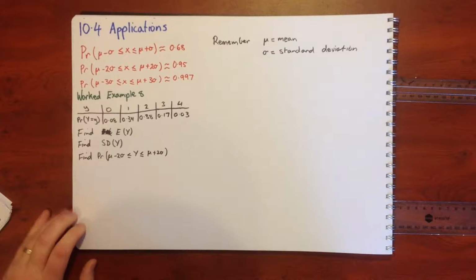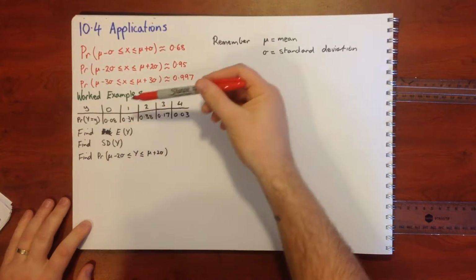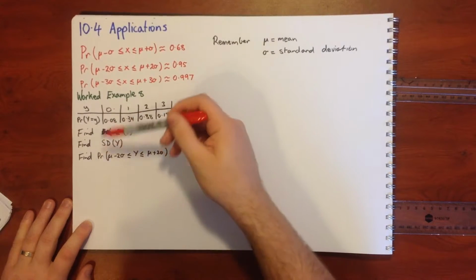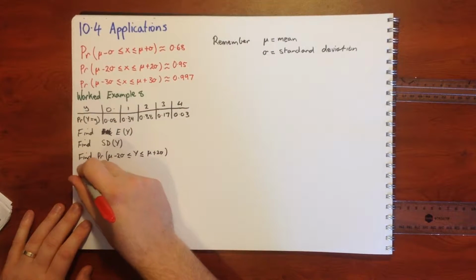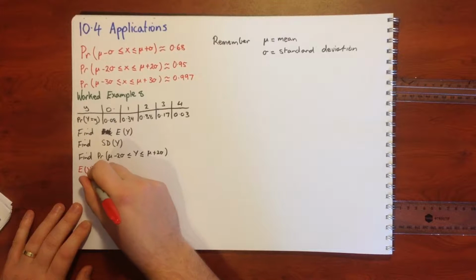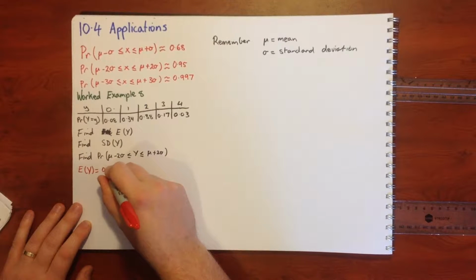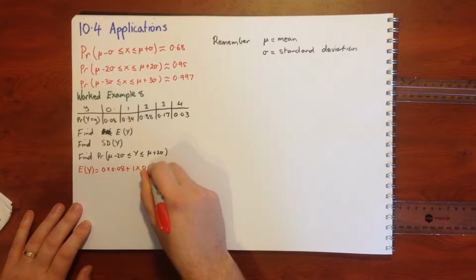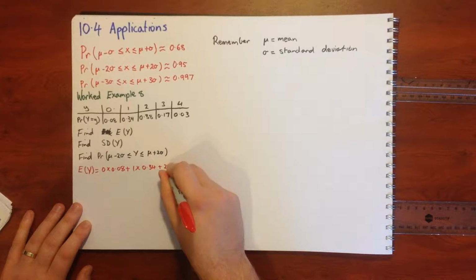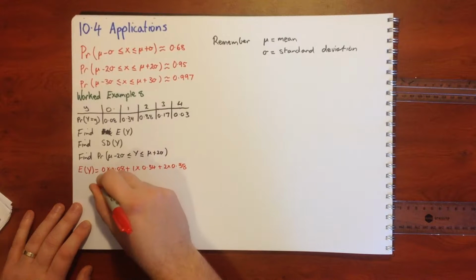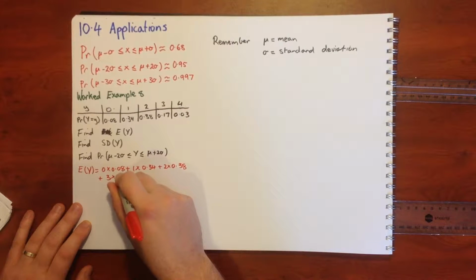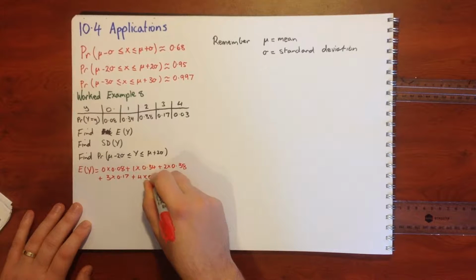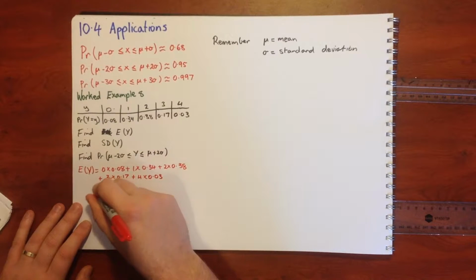Remember our expected value of y: we simply multiply our y values by the probability of our y values and add them together. So our E of y is simply 0 times 0.08 plus 1 times 0.34 plus 2 times 0.38 plus 3 times 0.17 plus 4 times 0.03.